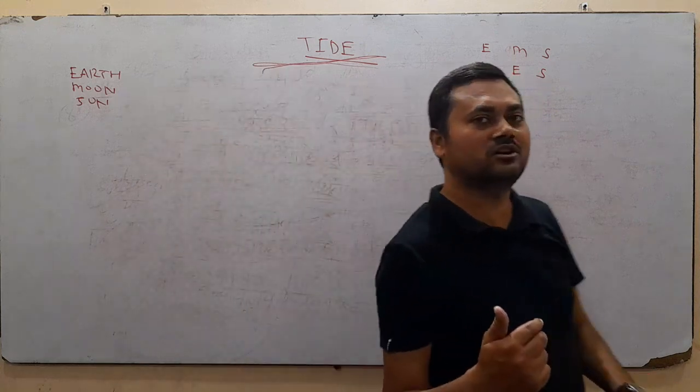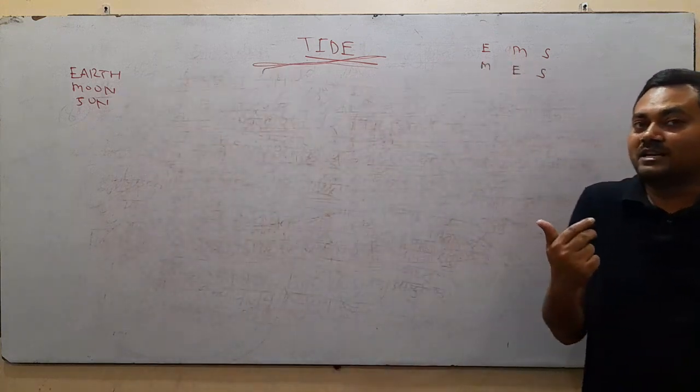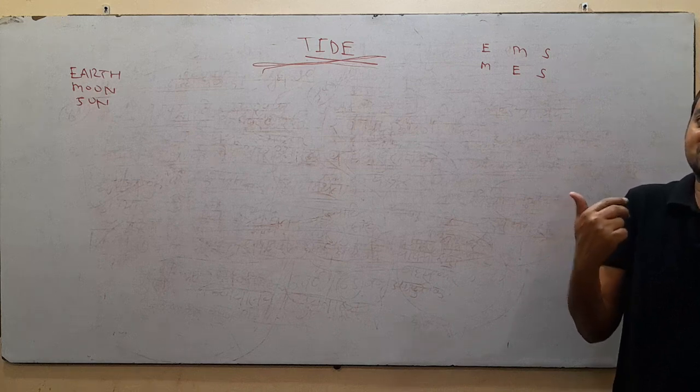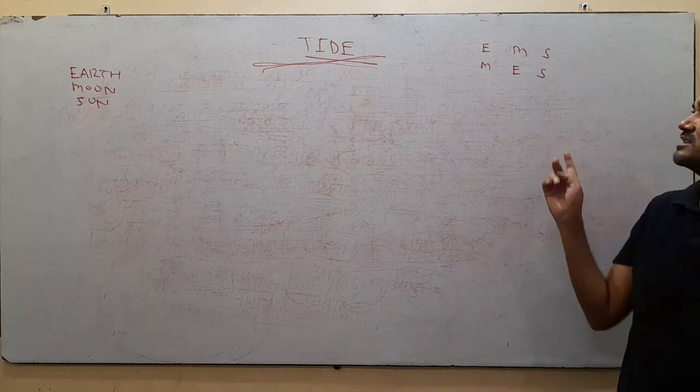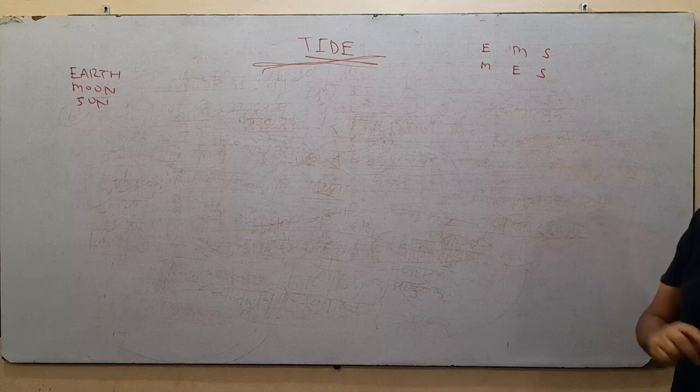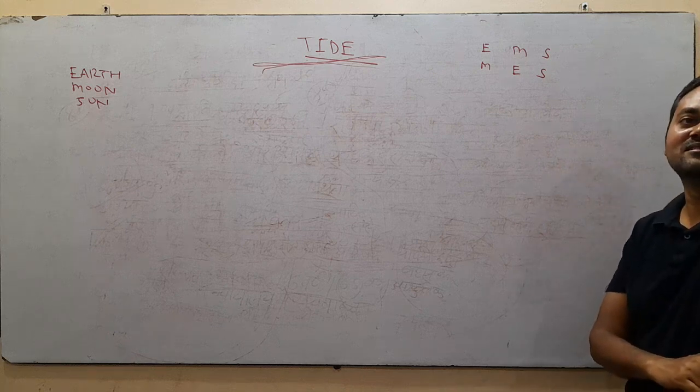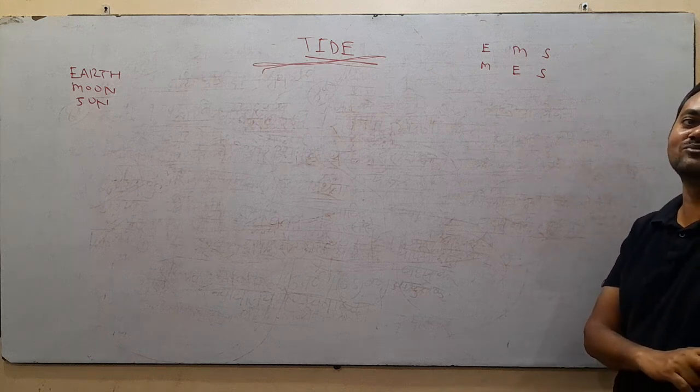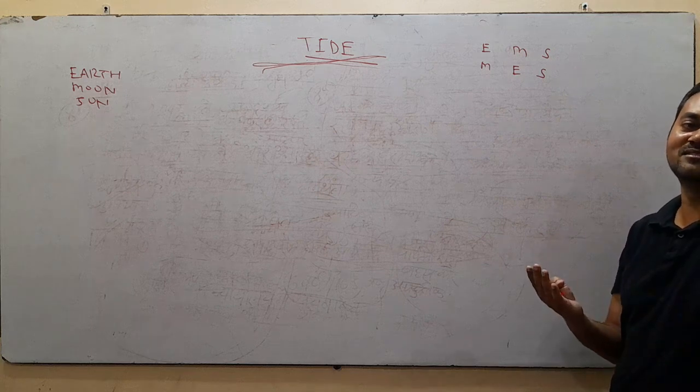One of them is called the full moon day, and the other one is called new moon day. Which one is new moon and which one is full moon? New moon means no moon.